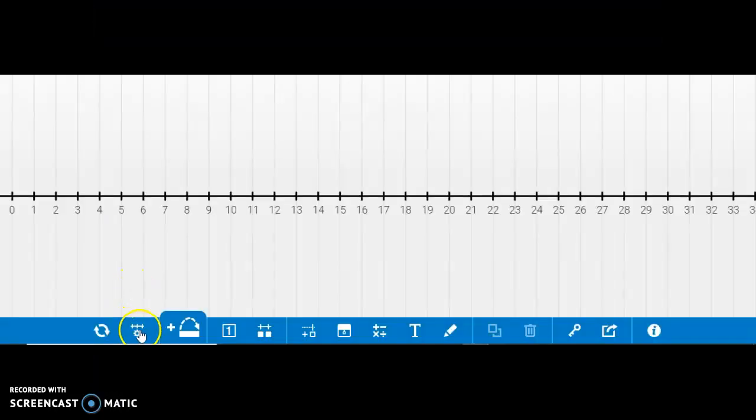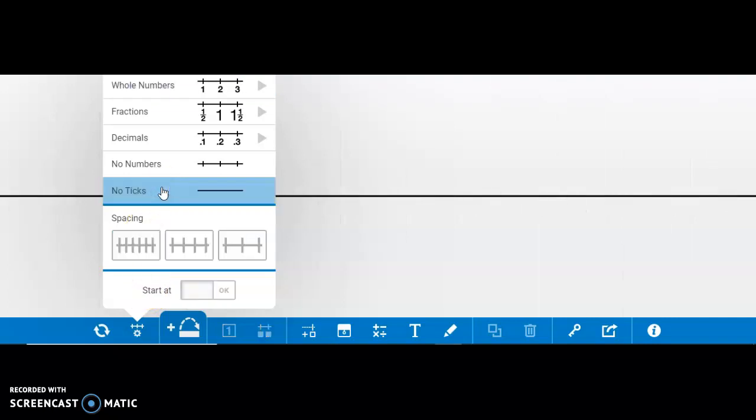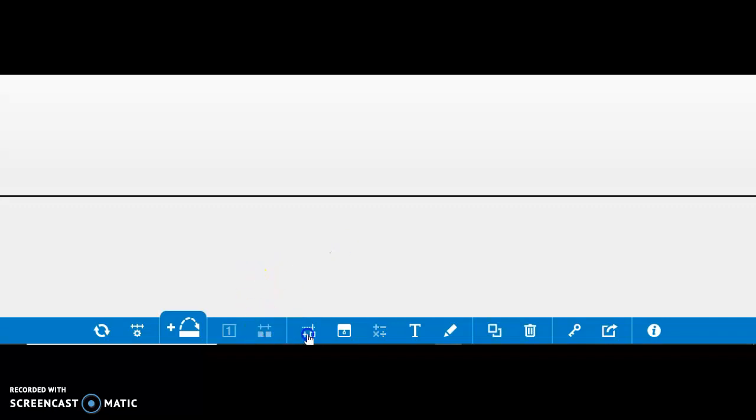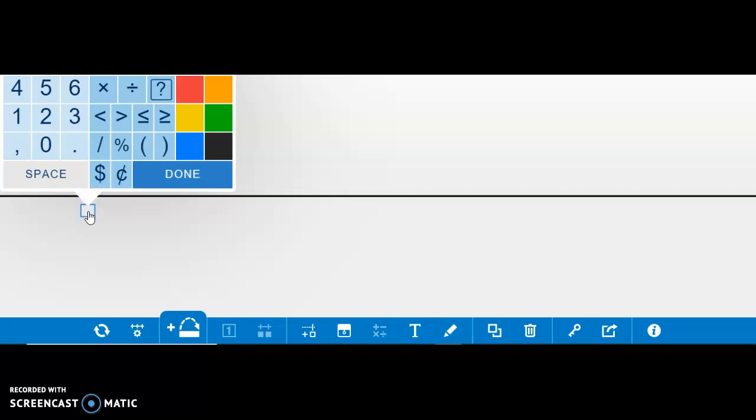Remember, you're going to click down here where the little gear is and click no ticks, and then you're going to put some spaces there to put your beginning number and your ending number, and then you're going to be able to hop on that number line.